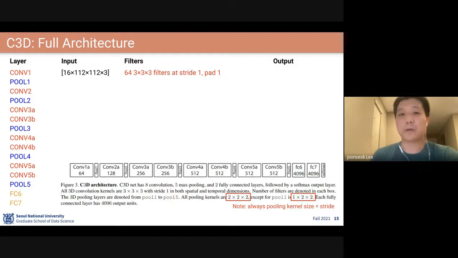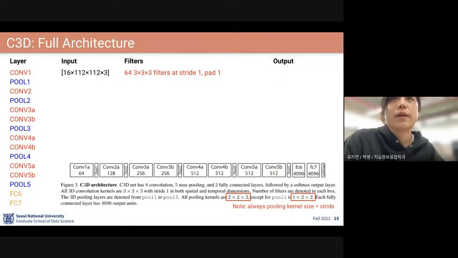Okay, let's do this together. Jayan? Yeah, what is the output size of the first conv layer? It will be 64 by 112 by 112 by 3.